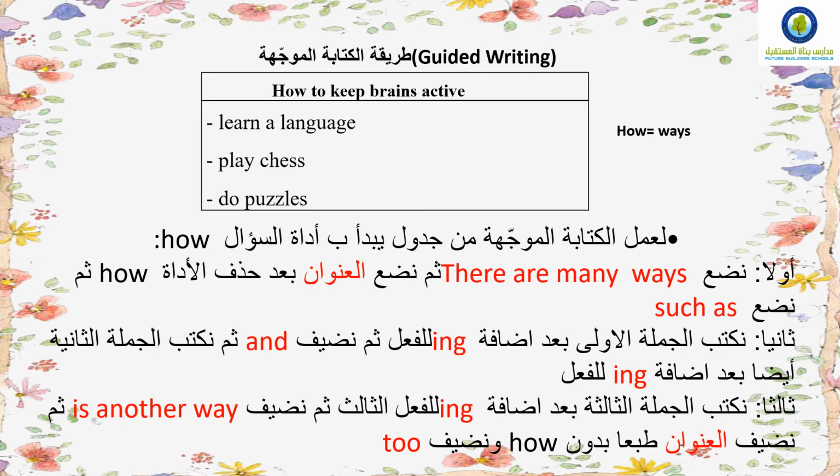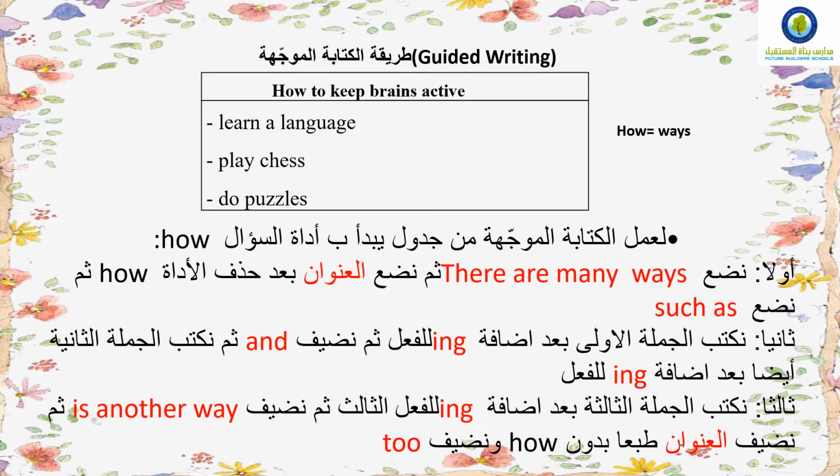And now play chess. We put playing chess by adding ing to play. So we have there are many ways to keep brains active, such as learning a language and playing chess. Now full stop.